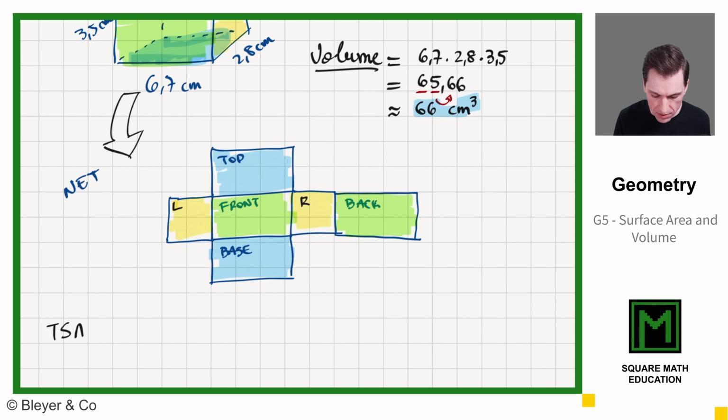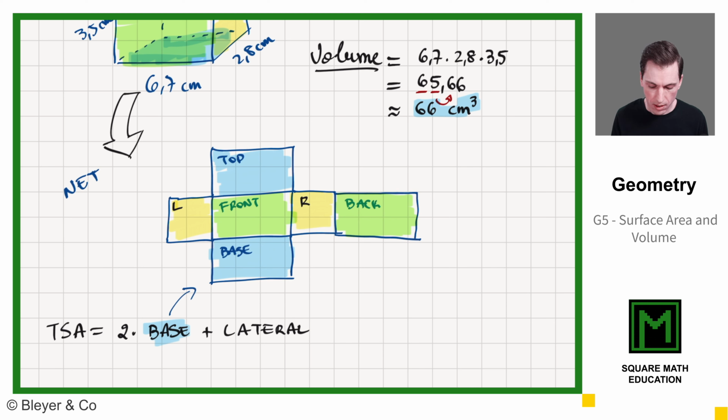Our total surface area can be found by calculating twice the area of the base added to the lateral area. The base will be this area in blue, and this is also easy to calculate. It is the area of a rectangle, one side times the other side.